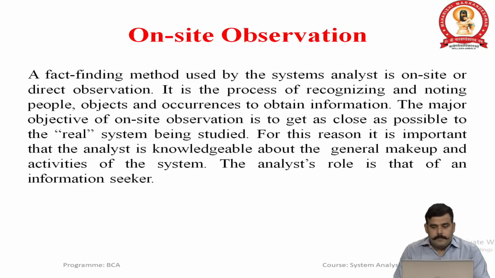The major objective of on-site observation is to get as close as possible to the real system being studied. For this reason, it is important that the analyst is knowledgeable about the general makeup and activities of the system. The analyst's role is that of an information seeker.